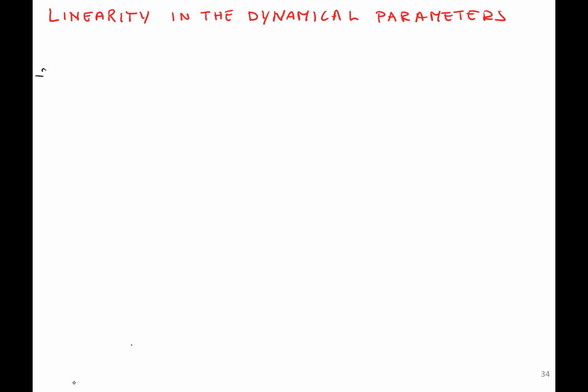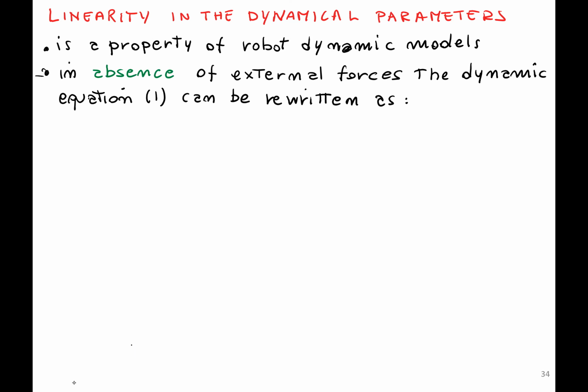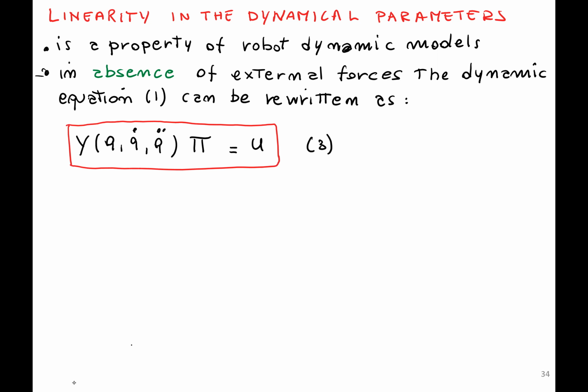Finally, I would like to conclude the lecture of today talking about the linearity of the dynamic model in the dynamical parameters. What are the dynamical parameters? Masses, center of masses, and inertias. And in absence of external forces, so for example, forces at the end effector, and using only torque, we can rewrite the dynamic model this way, with the torques here.